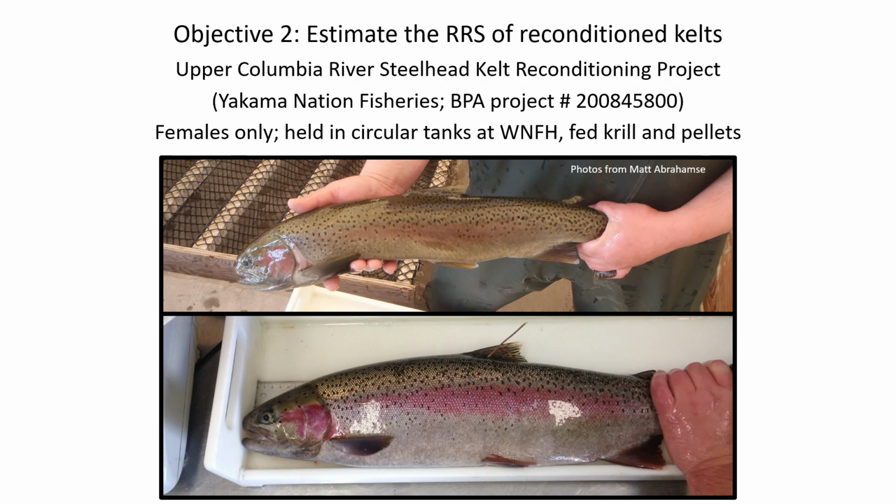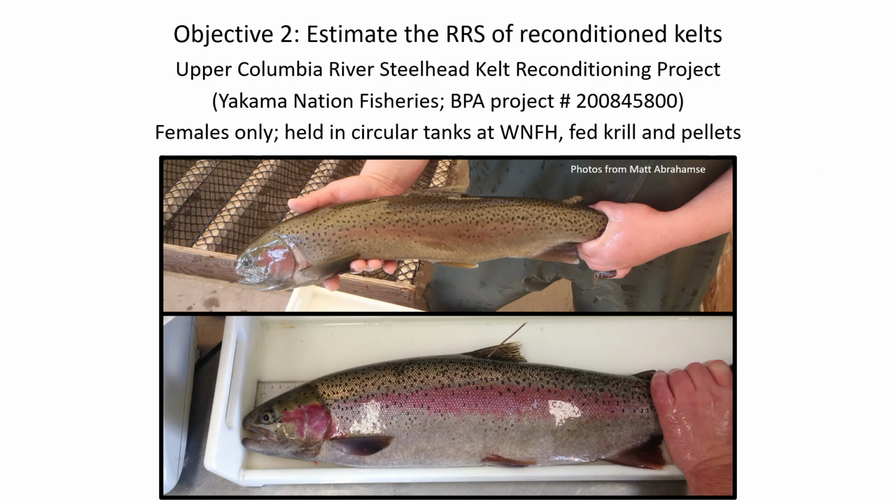All right, so our second objective here is to estimate the relative reproductive success of reconditioned kelts. So starting in 2014, the Twisp wild females that were kept for broodstock were incorporated into this kelt reconditioning project run by the Yakama Nation.